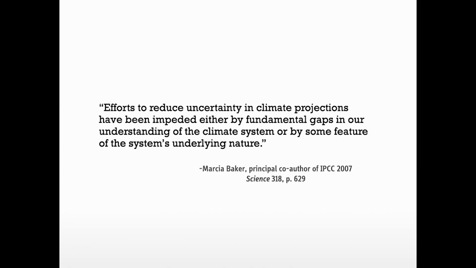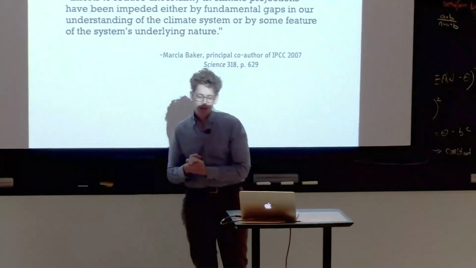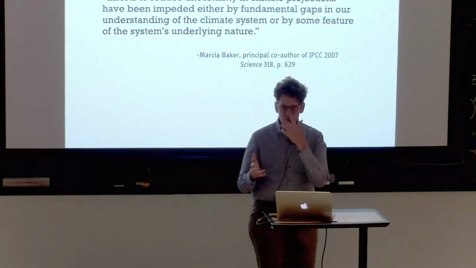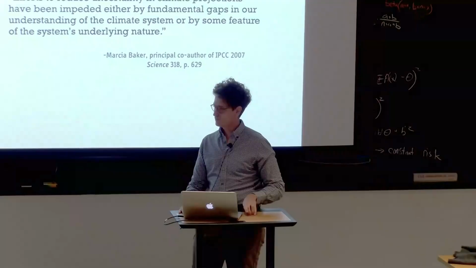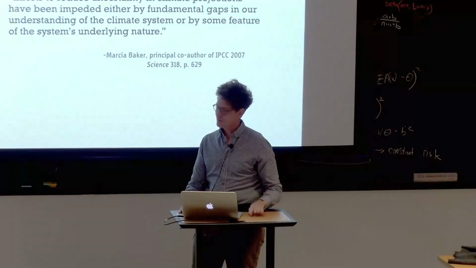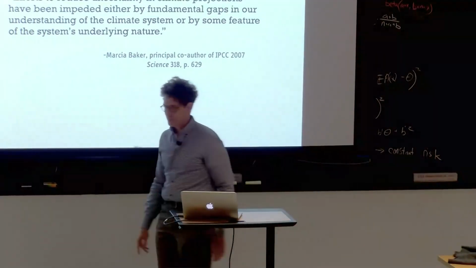Well, Marcia Baker, who was the principal co-author of the IPCC in 2007 and a great climate scientist, said the efforts to reduce uncertainty in climate projections are impeded by fundamental gaps in our understanding of the climate system or by some features of the system's underlying nature. And this is basically the issue, that getting a real number out of these climate models on which to act is really hard.